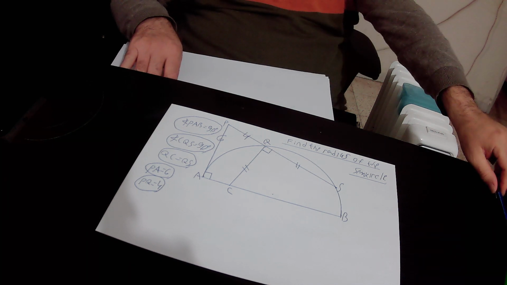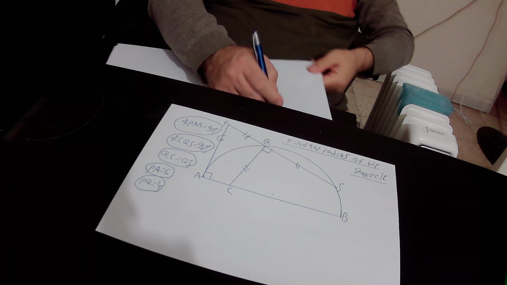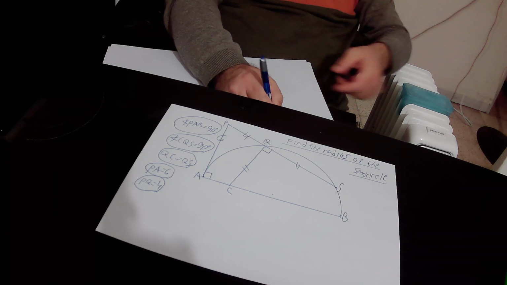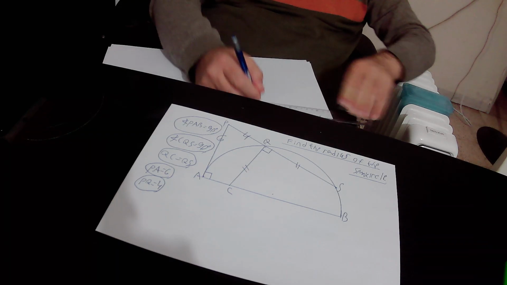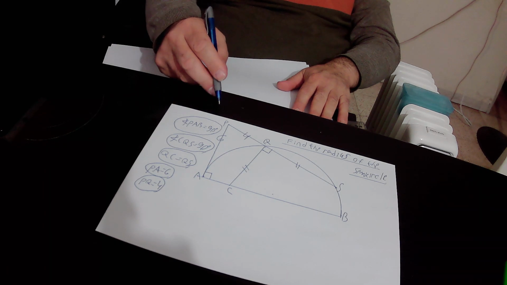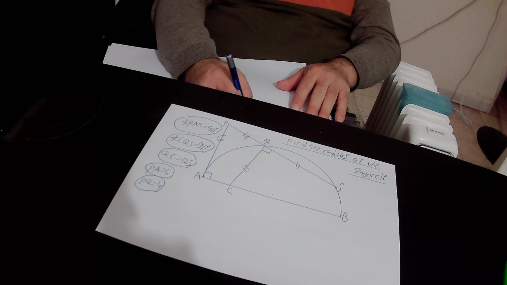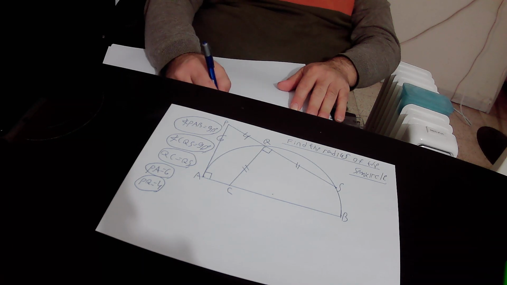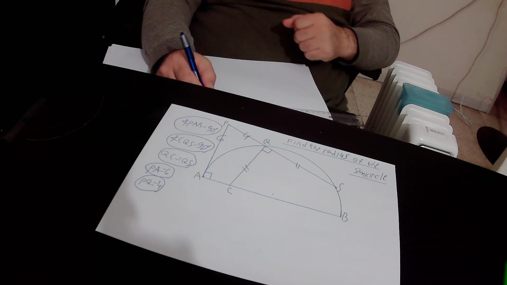According to rule number 10, we get that PA square equals PQ times PS.